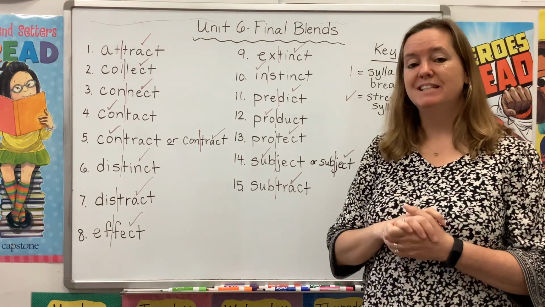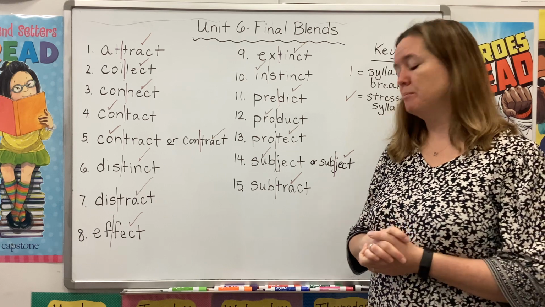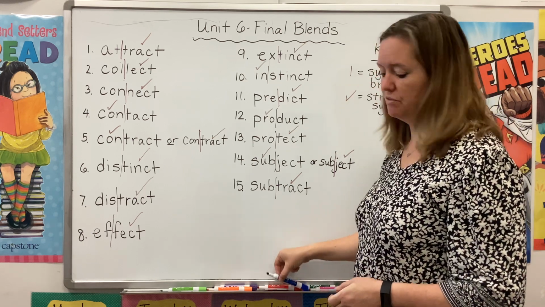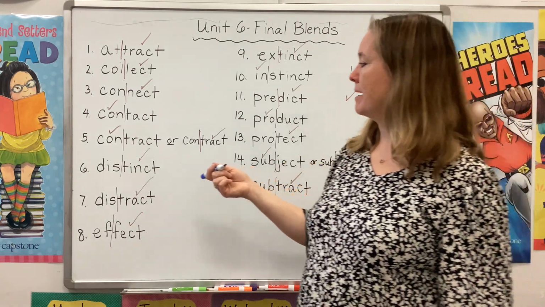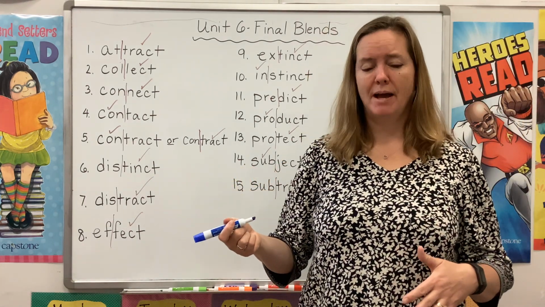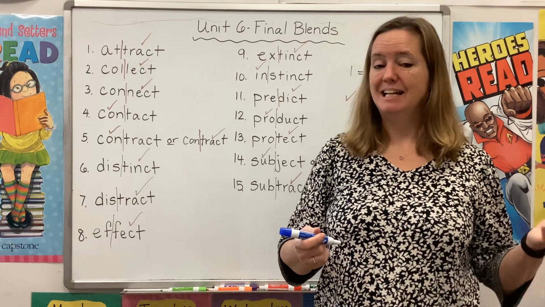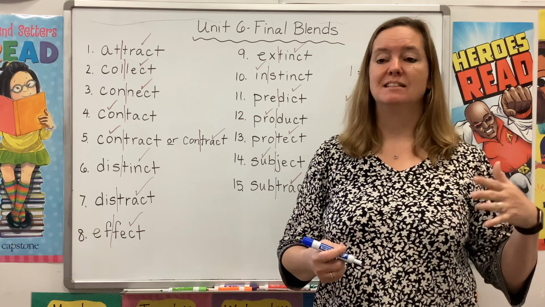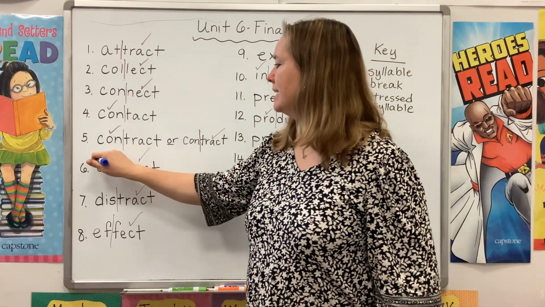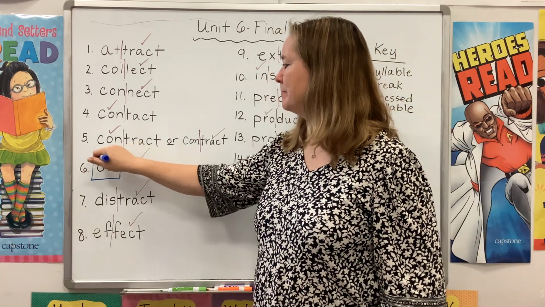All right, here's something else cool that I want you to notice. All of our words this week start with a prefix. So, for instance, last week we talked about dis, right? And we said that dis can mean not, like dishonest is not happy, disloyal is not loyal. So look at this word distinct.